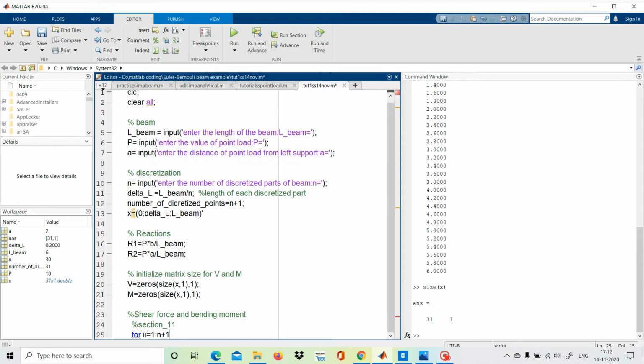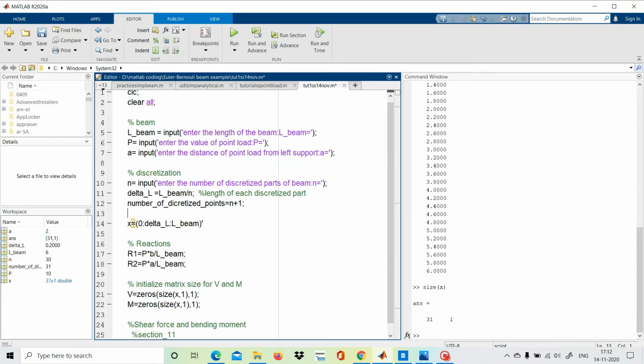We know that n plus 1 we can write as the number of discretized points. We can also denote this as capital N, the number of discretized points.